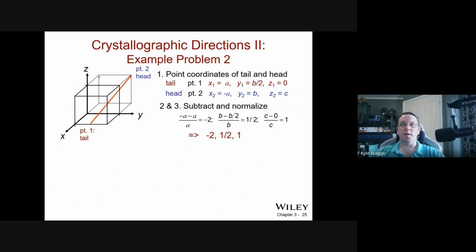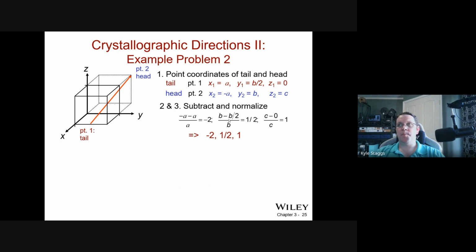Otherwise, it might be 0 and come back over here, do other kinds of weird stuff. Minus A is the end point minus the origin point, which was a positive A, over A, is equivalent to minus 2. So we should be able to see that it goes backward 2 into the plane.